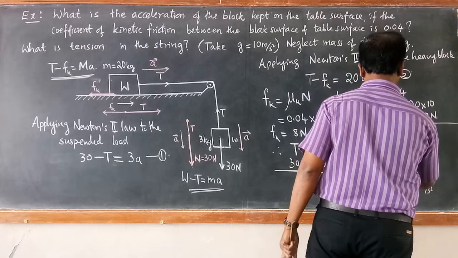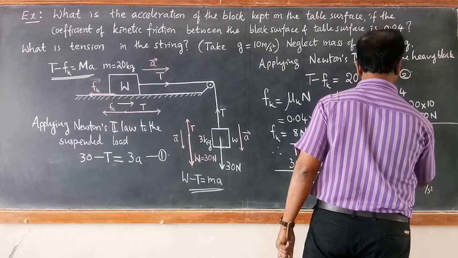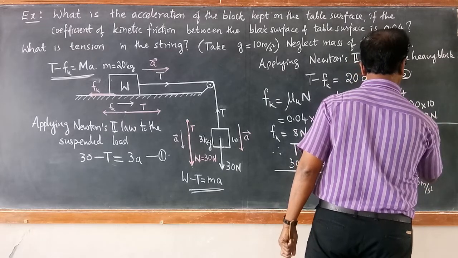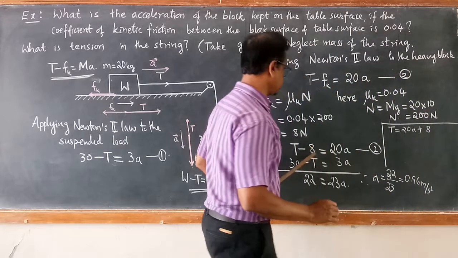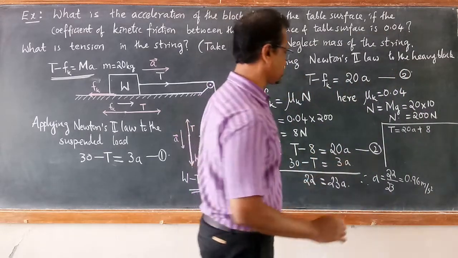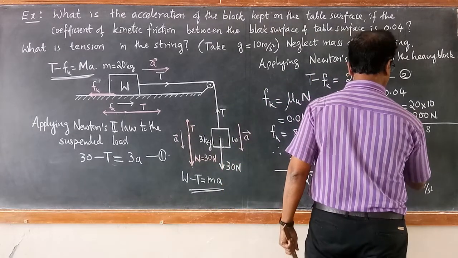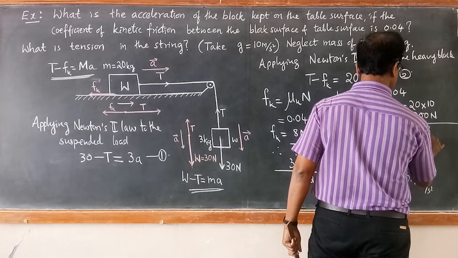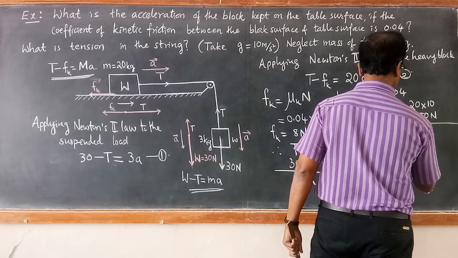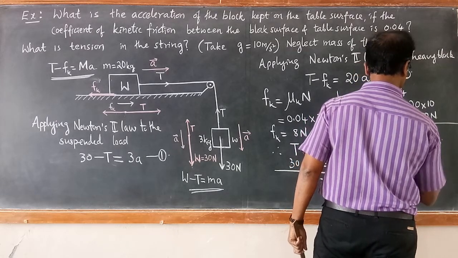We get T equal to 20 A plus 8. Take this T to this side, so it becomes plus 8. So 20 into A, which is 0.96, plus 8.